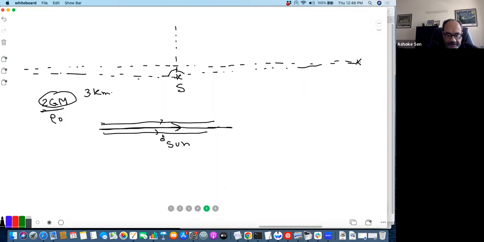And as a result, this parallel ray of light is bending. How much is the bending? This net bending is 4GM over R0. This part you agree?